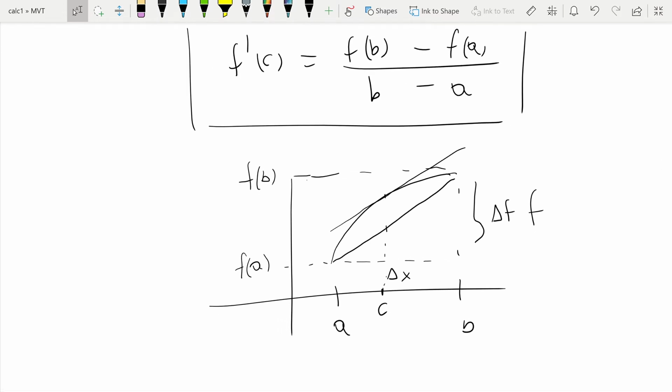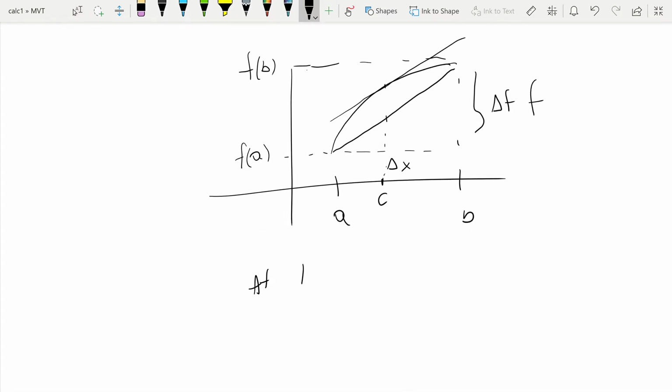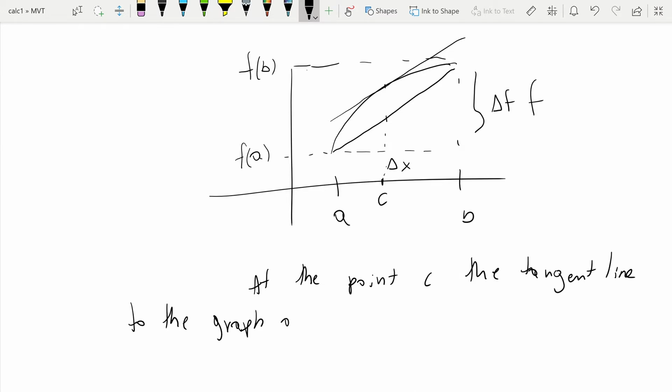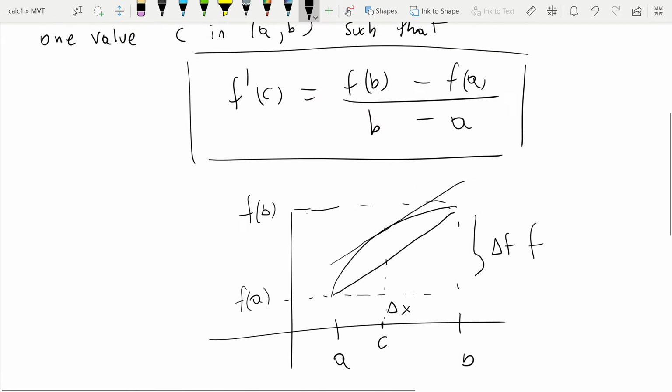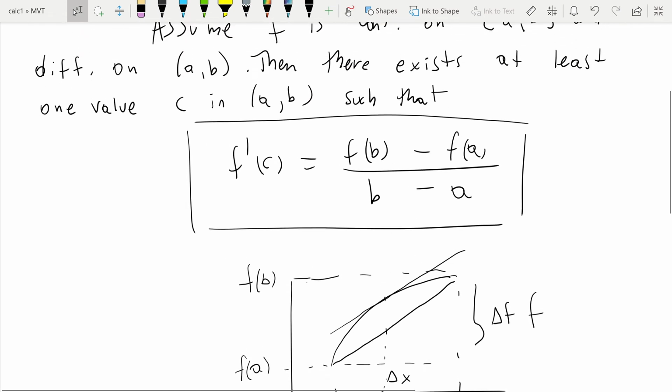So at the point c, the tangent line to the graph of f is parallel to the secant line. Then the value of the derivative at that point is the same as the slope of the secant line.